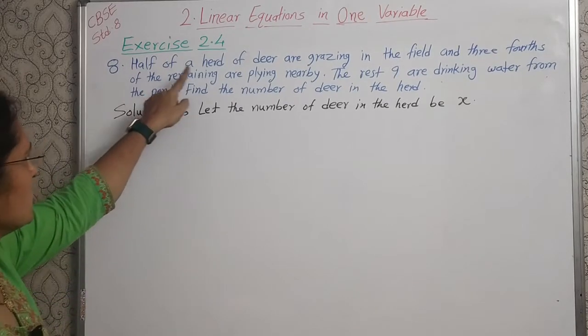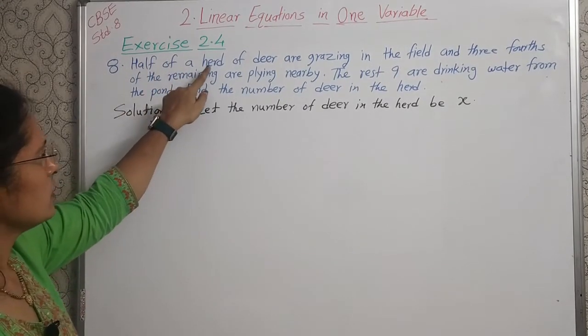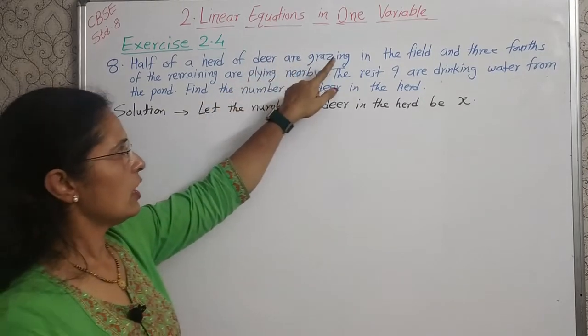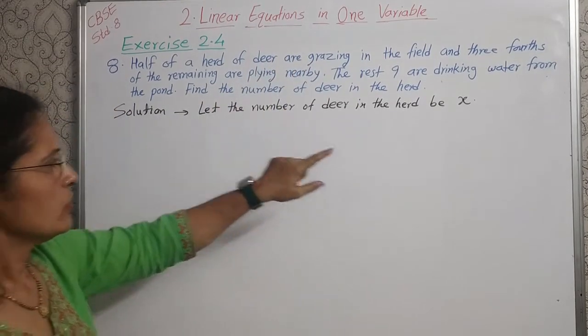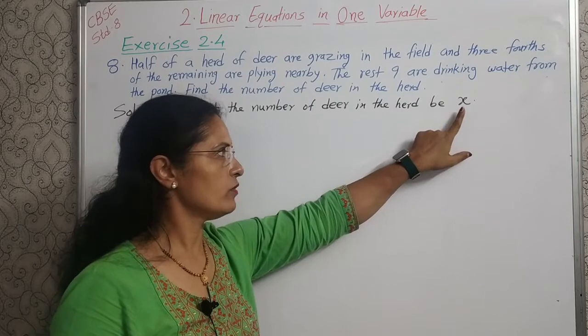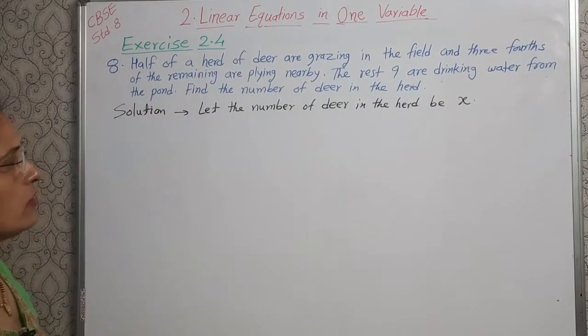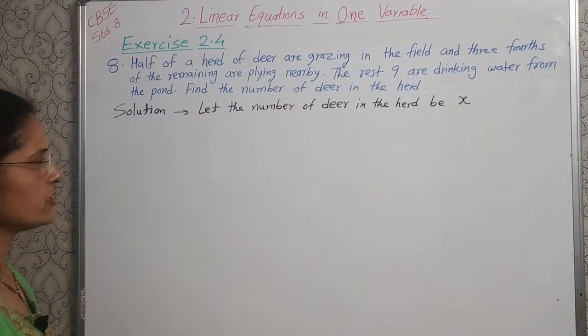Now see the condition. Half of a herd of deer are grazing in the field. So half of this total number of deer are grazing in the field. So how many are grazing?